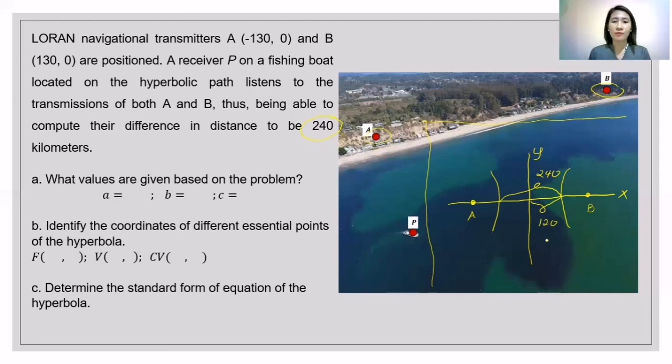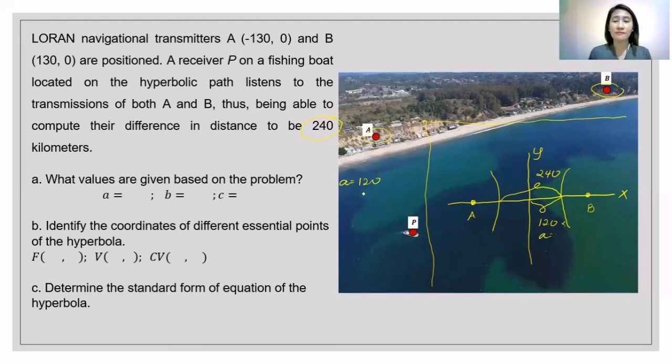Why are we talking about just one part or half of it? We know that from the center going to one of the vertices will be the value of a. So from there, we may now say that a is equal to 120.